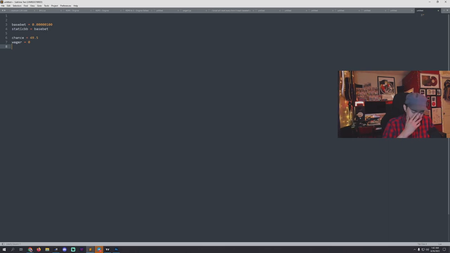We have two modes, okay? Which are like two algorithms. We're gonna start with mode 1. We're gonna initialize it at mode 1. We want to start at some default mode, which is gonna be 1, okay? And let's do true profit equals 0.